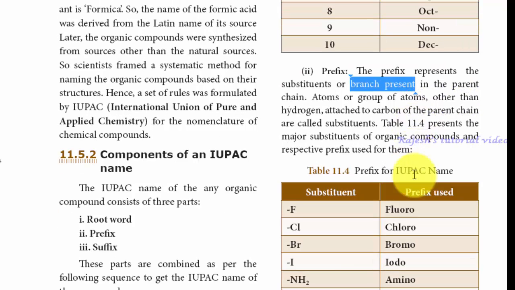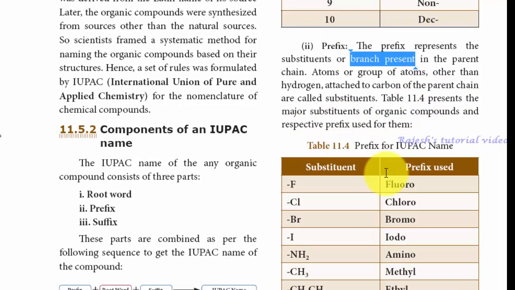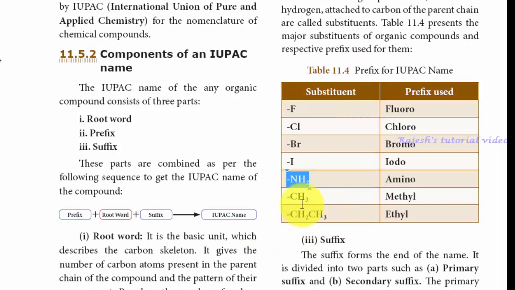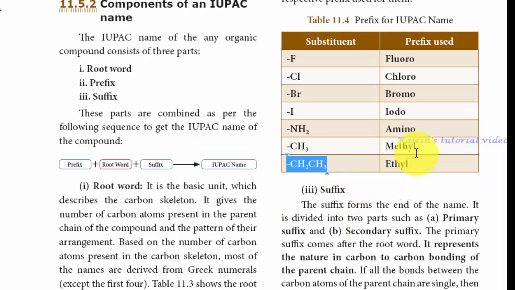That is, halogens like fluorine, chlorine, bromine, iodine may be substituent groups, so the prefix added will be fluoro, chloro, bromo, iodo and so on. And sometimes it may be an amino group, NH2 group, methyl group, CH3 group, or ethyl group, C2H5 group, which may be attached to the parent chain as substituents.